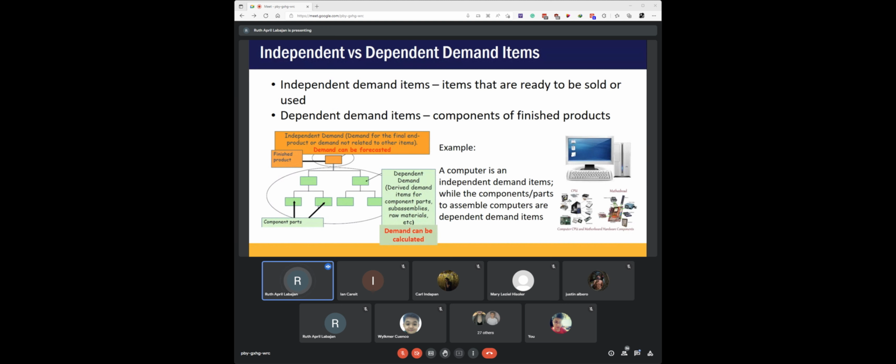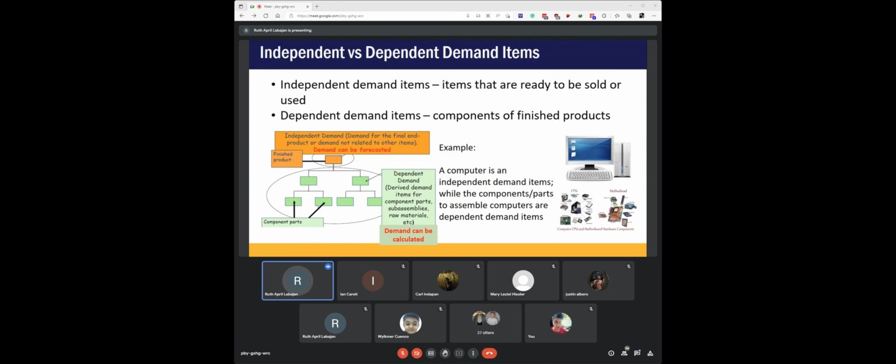On the other hand, the ones in the green boxes are what we call dependent demand items. And from what you can see in this chart, these green boxes are actually components or parts which are utilized in order to make your finished product.